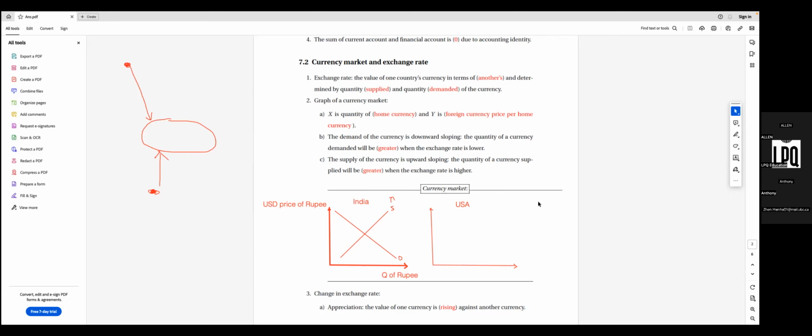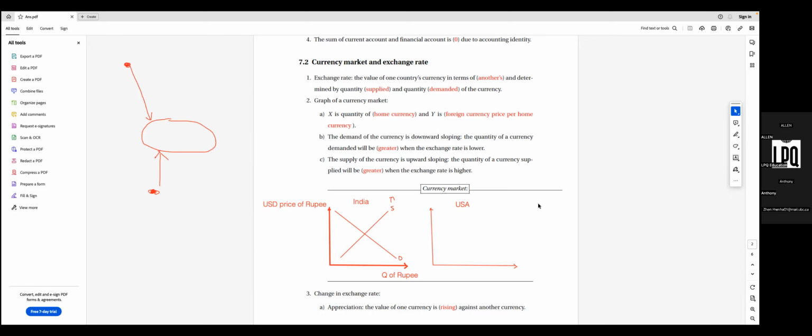We live in India, we work in India, so every month we make money, but we make Indian rupees, the currency we use in our country. So we are the supply side.